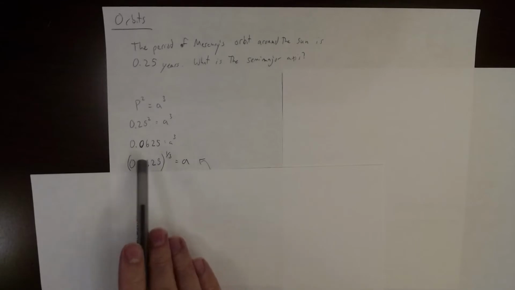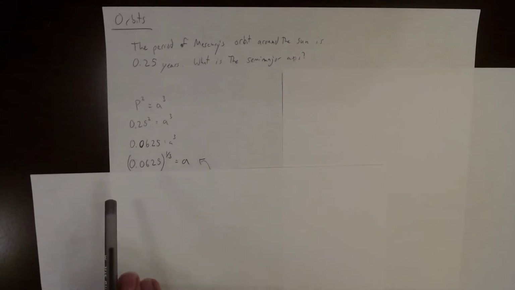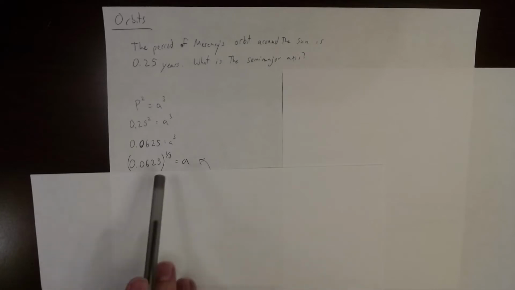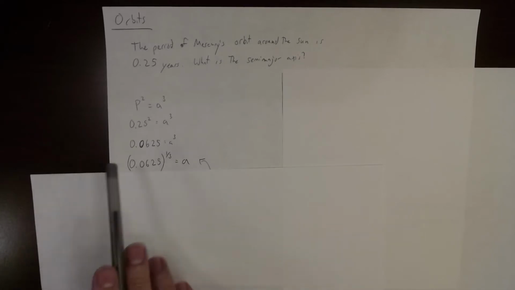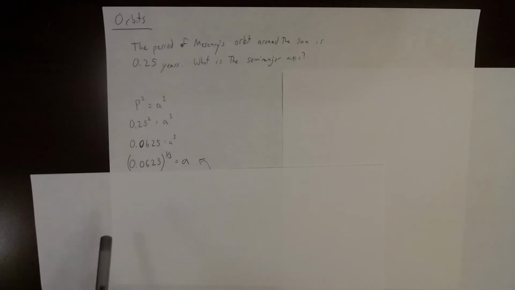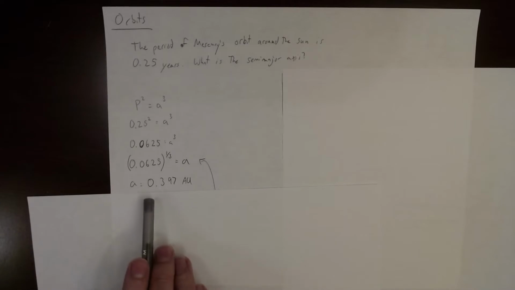You need to raise both sides to the 1/3 power. A cubed to the 1/3 is just a. But 0.0625 to the 1/3, well, that's what we actually have to calculate. The answer ends up being 0.397, and as I said, the units are astronomical units.